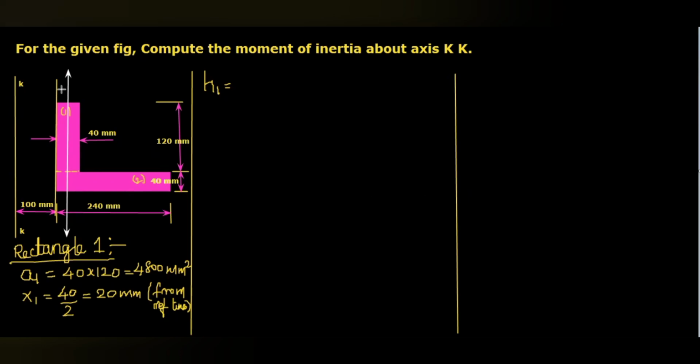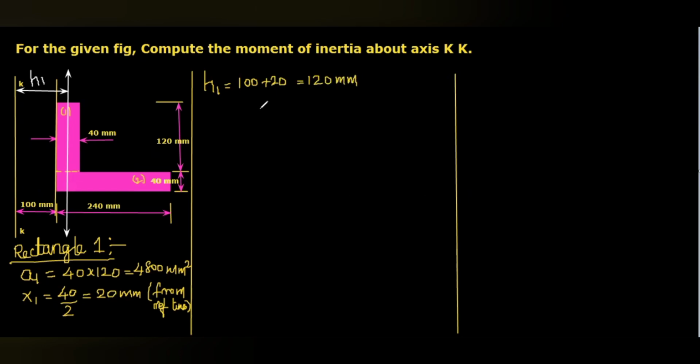So the H1 will be this distance, that is from axis KK to this axis. That distance is actually H1. The H1 we can write as, up to this 100 and this distance that we calculated 20 mm. So we can write 100 plus 20, that is 120 mm.